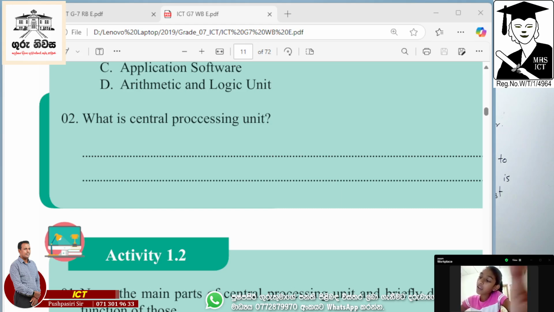Process data and make them information. It is a digital circuit that controls the computer.